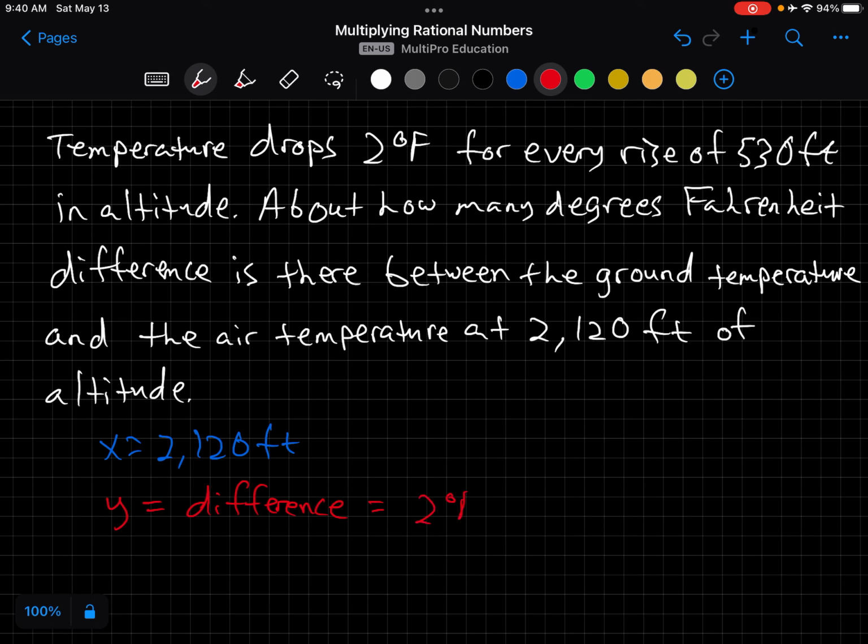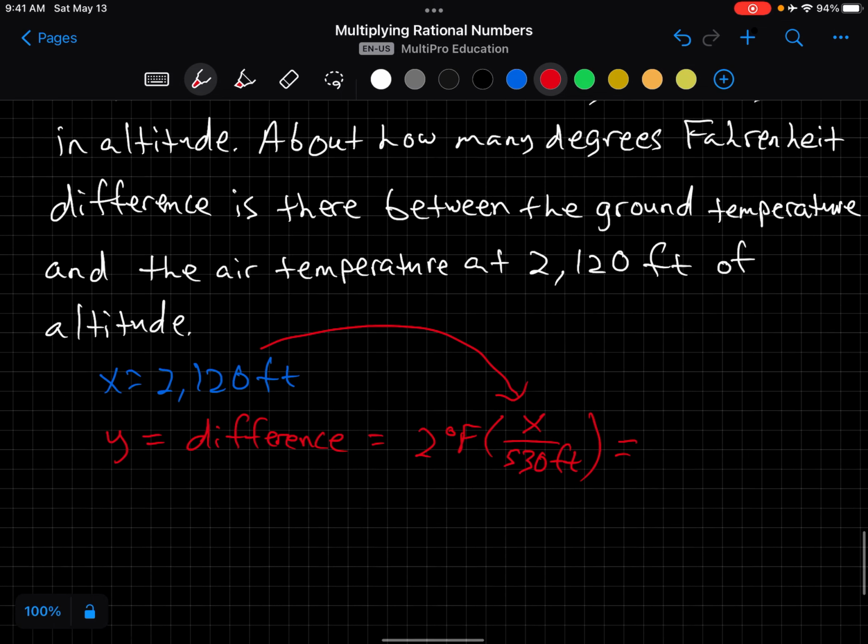Okay, and we know that this temperature decreases at 2 degrees Fahrenheit times x over 530 feet. So every 530 feet, you decrease 2 degrees Fahrenheit. So now we just have to plug in x here.